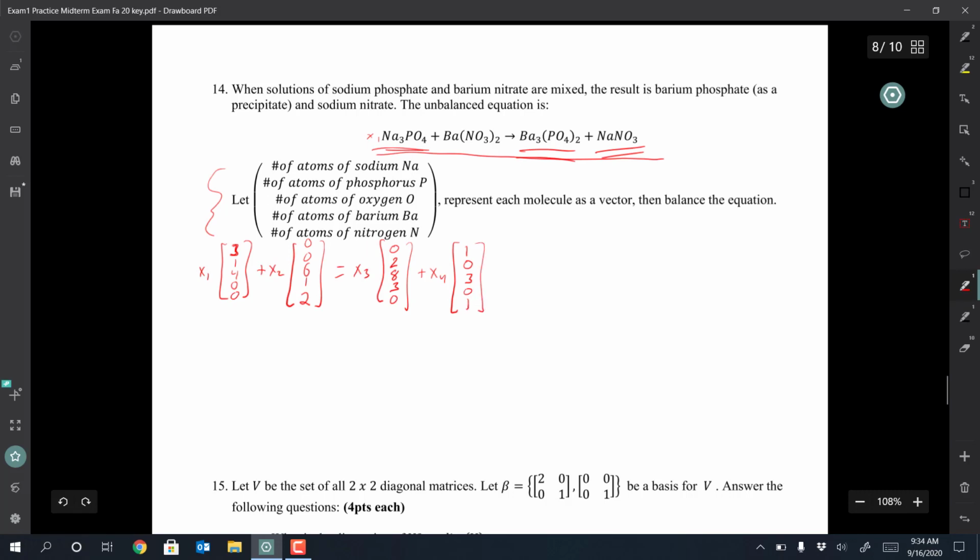All right, I think I have all those correct. The only thing to maybe watch out for is if we're looking at this guy, that's really 2 atoms of nitrogen and 6 atoms of oxygen combined there.